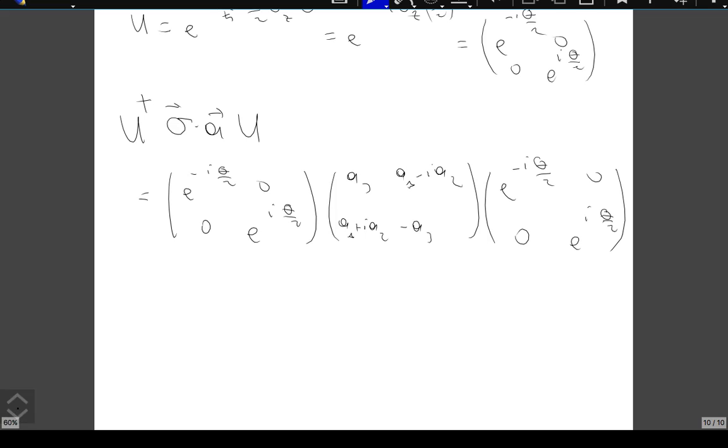I will just do the matrix multiplication. Let me first multiply the first two matrices. The first matrix just tells me to multiply the first row by e to the power minus i theta over 2 and the second row by e to the power i theta over 2.